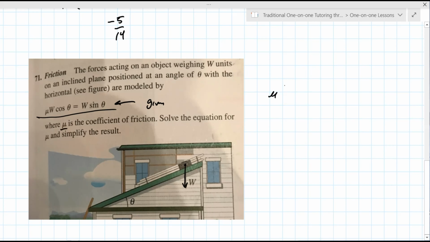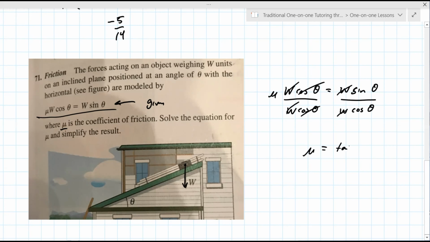You're going to divide both sides by W cosine theta. So the W's cancel, the cosines cancel, and mu equals tangent theta. Oh, I didn't see that. And if you guys ever do a physics lab, this is like a classic physics lab that you would see. This ends up being the equation for friction. Got it.